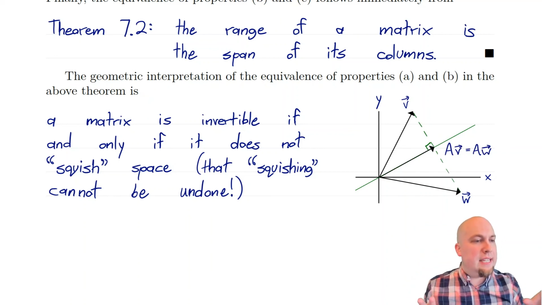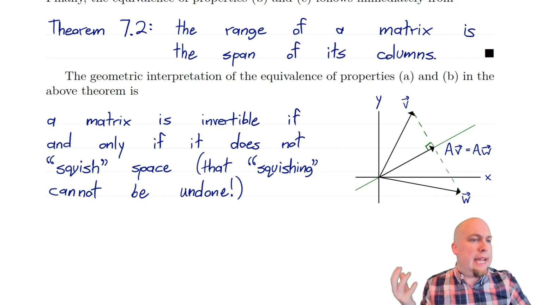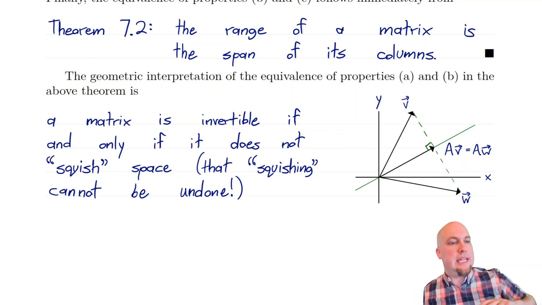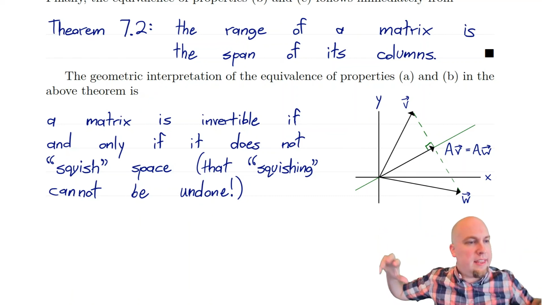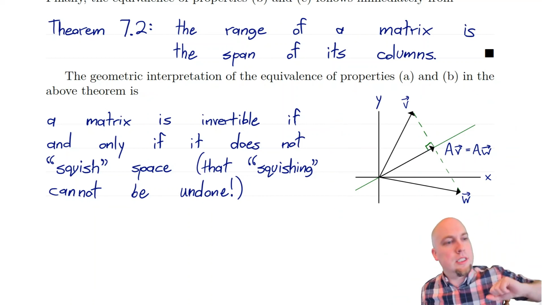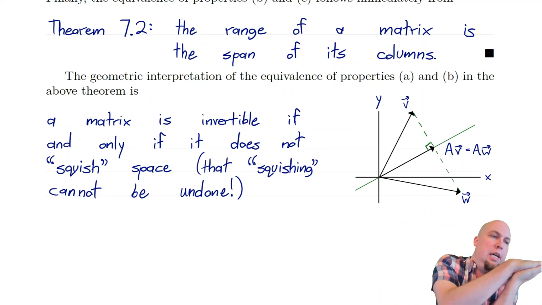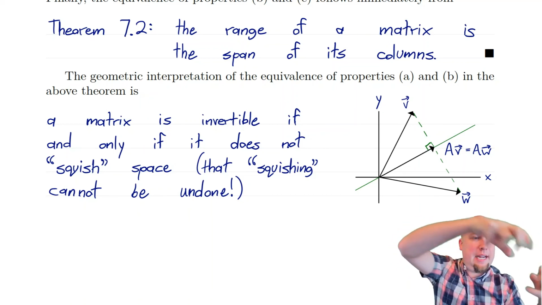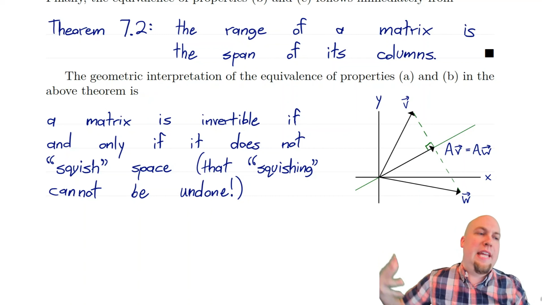So if I asked you to invert that, to undo that action, you can't, because if I give you just this vector, A times v, you can't tell me whether it came from v or from w. You can't undo that squishing. Here, the matrix A does this projection down onto the line: you're squishing all of two-dimensional space down onto one-dimensional space. And there's no way to pull that line back apart to get all of two-dimensional space. So you can't invert that matrix.